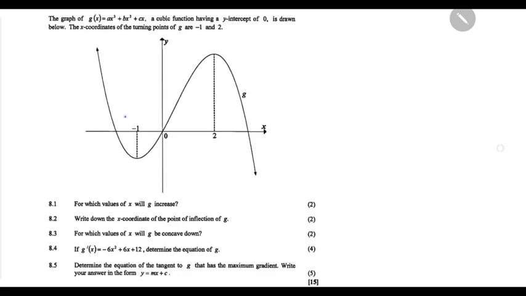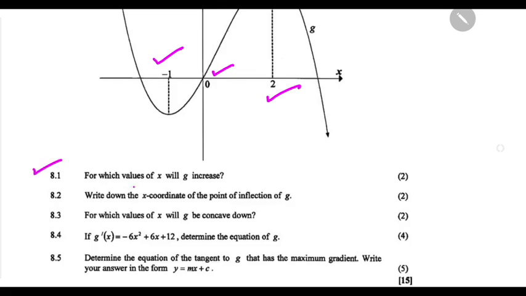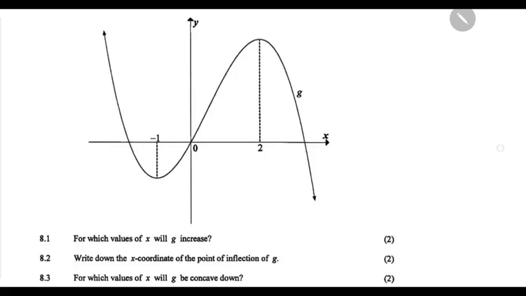So these are the x-coordinates of the turning points and this is the y-intercept. First question says, for which values of x will g increase? Now we must remember, we need to give the answer for which values this graph g of x will increase. So we start from left to right.